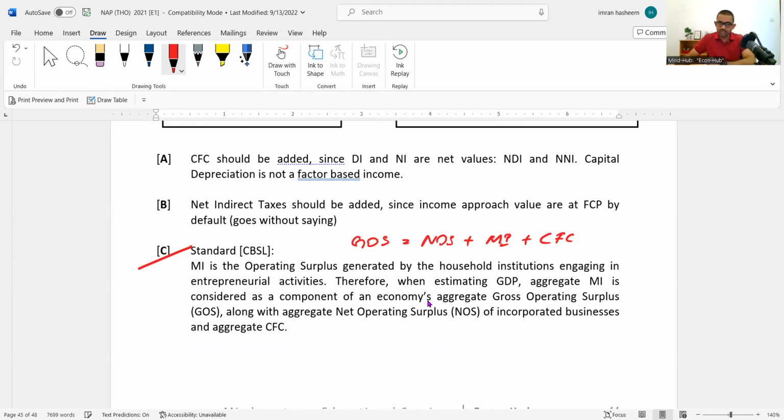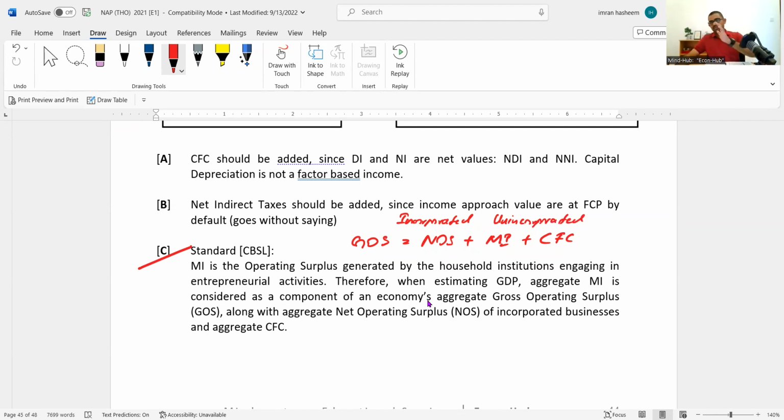These 3 things. So the logic is, net operating surplus is for incorporated businesses, and mixed income is basically for unincorporated businesses, right?